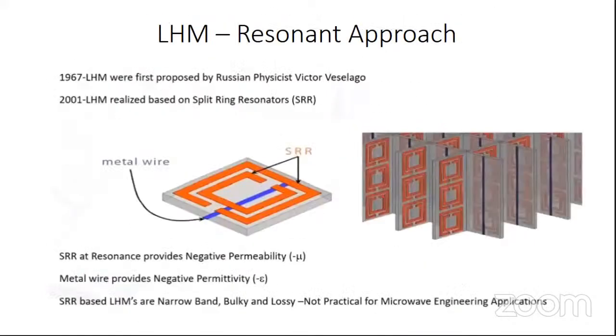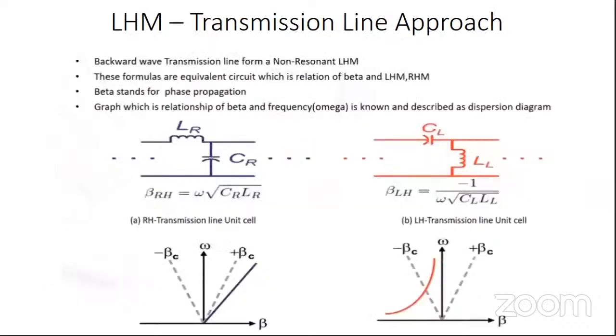So the first approach is the resonant approach, which uses the SRR structure and the metal wire. The second approach is the transmission line approach. If you can see the first figure, it is a series inductance and shunt capacitance LC network, whereas in figure B it is just the opposite.